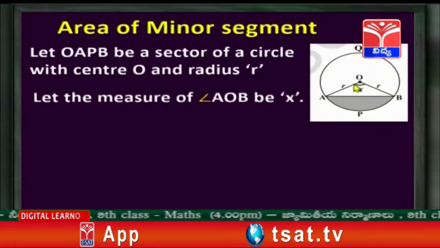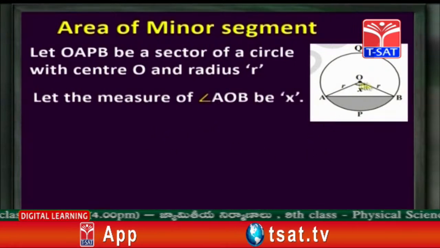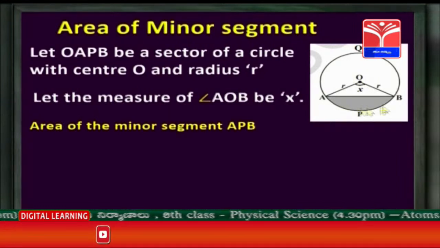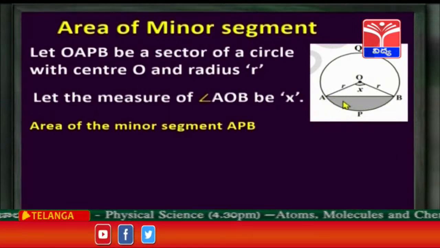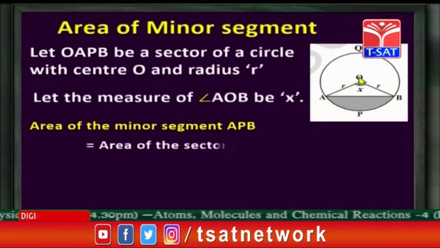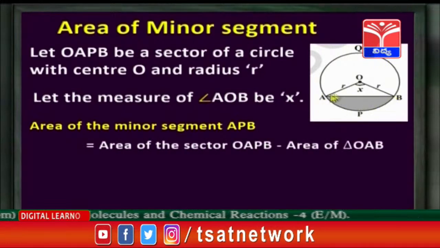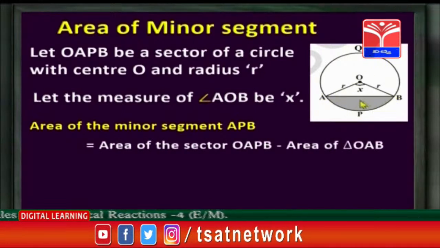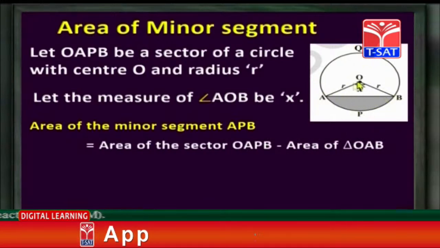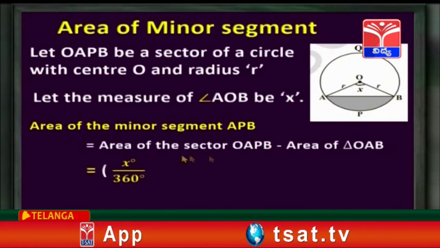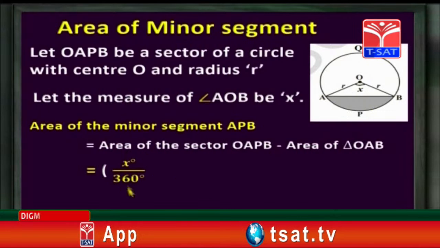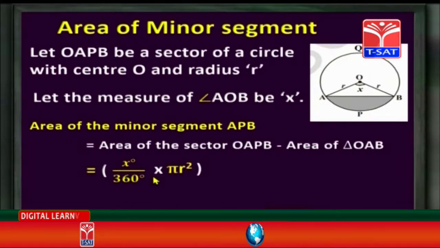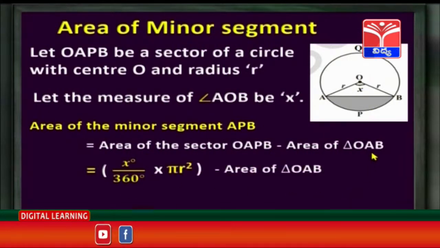Here x is the angle of the sector. Then the area of the minor segment APB is equal to the area of sector OAPB minus the area of triangle OAB. The area of sector is x by 360 into pi r square, minus the area of triangle OAB.